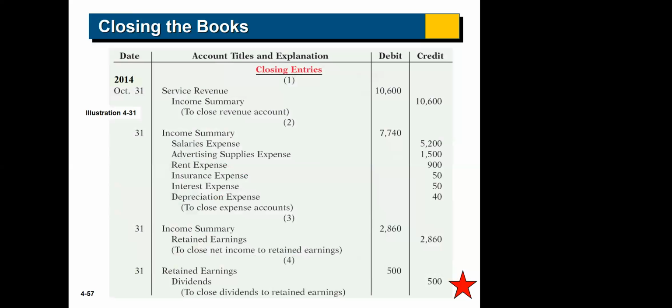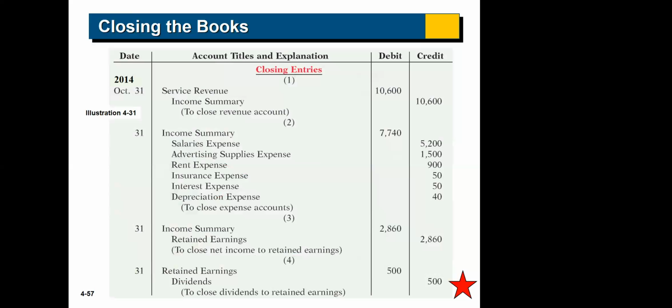So revenues. Revenues normally have a credit balance, right? So to get rid of the revenue, we're going to debit the revenue account for the amount that's in the revenue account. And then the second part, we're going to credit income summary.